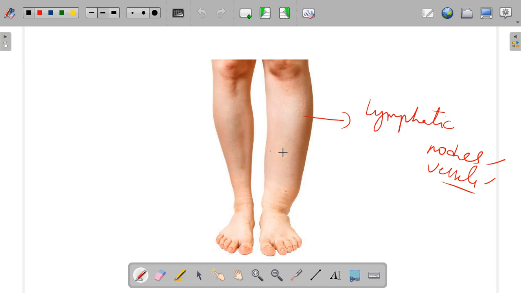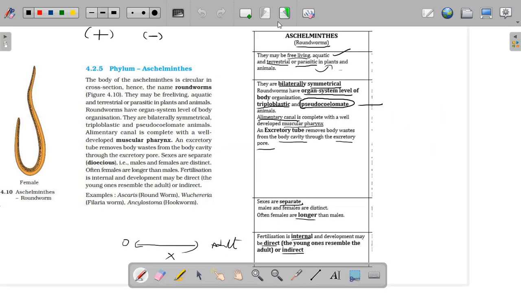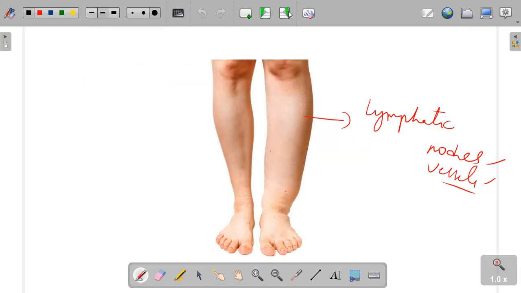Like I said, they're all parasitic in nature. Roundworm, Wuchereria bancrofti, the filarial worm which you have seen, and Ancylostoma, which is called a hookworm. Here you can see the whole body has a clear-cut development of all the systems.